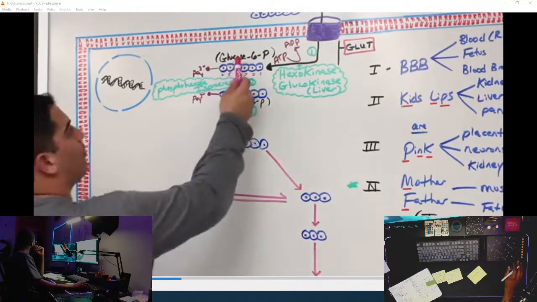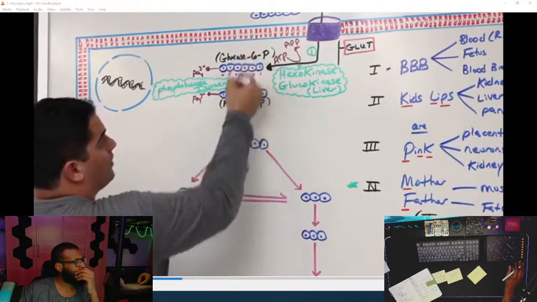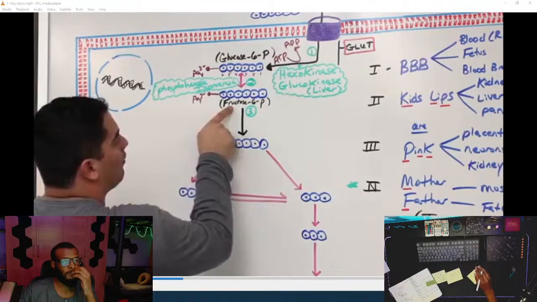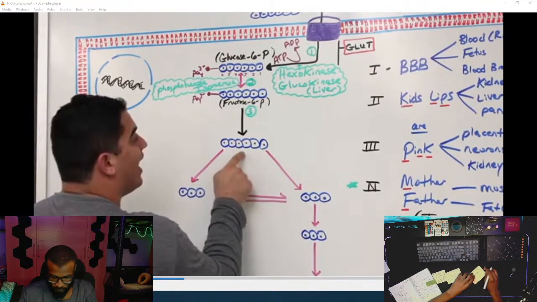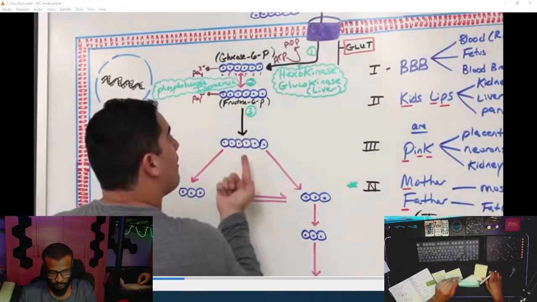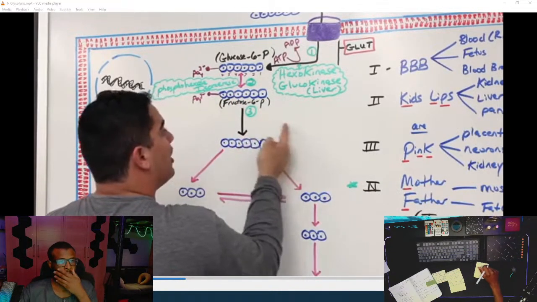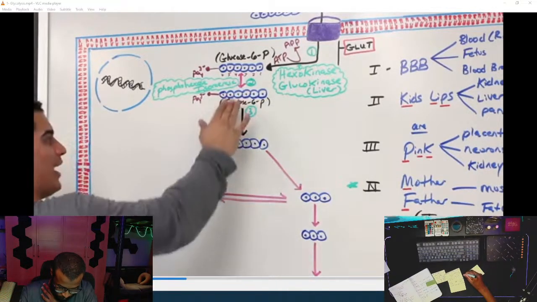That means not only can I go from glucose 6-phosphate to fructose 6-phosphate, but I could go from fructose 6-phosphate to glucose 6-phosphate. But if I wanted to go from fructose 6-phosphate to this next molecule, that's possible. But I cannot go through that same pathway backwards. This step is not reversible by this enzyme I'm going to mention. You have to move through another enzyme. This is an irreversible step, very regulated.